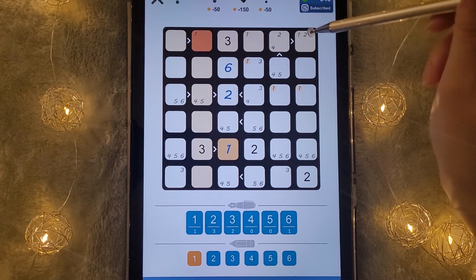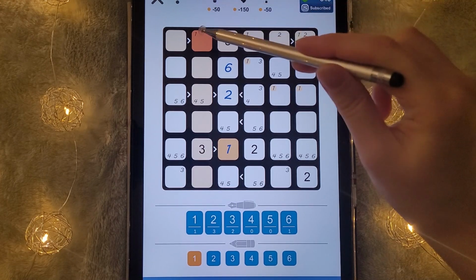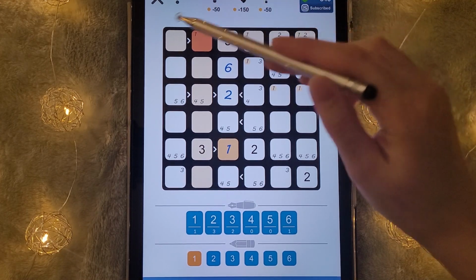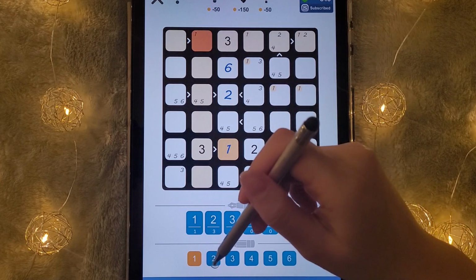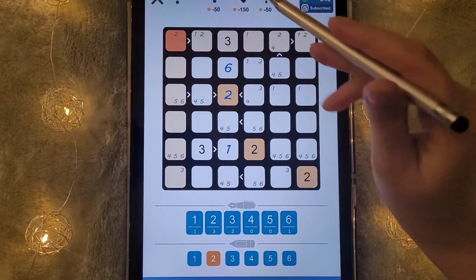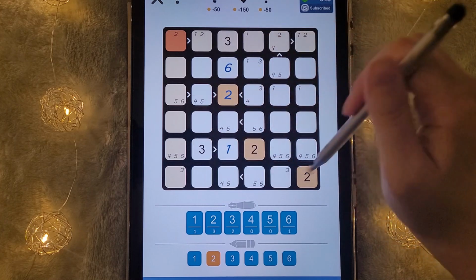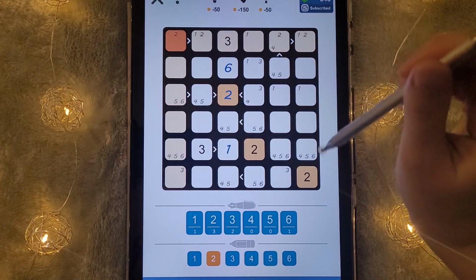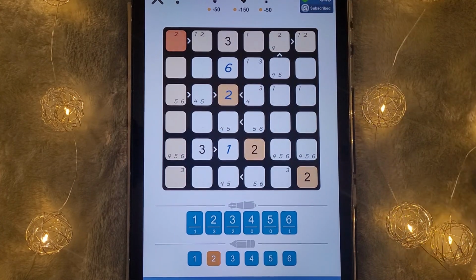And the 2s can go here, here, here, or here. Maybe I'm going to pause it and fill in all of the pencil marks and then we'll come back.